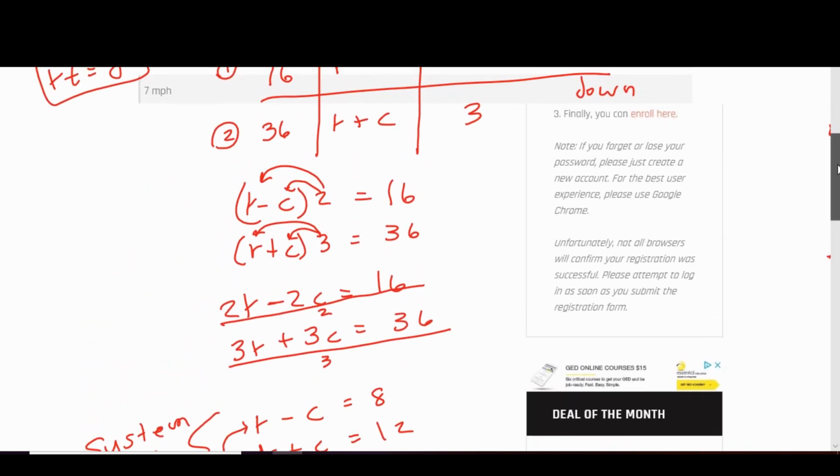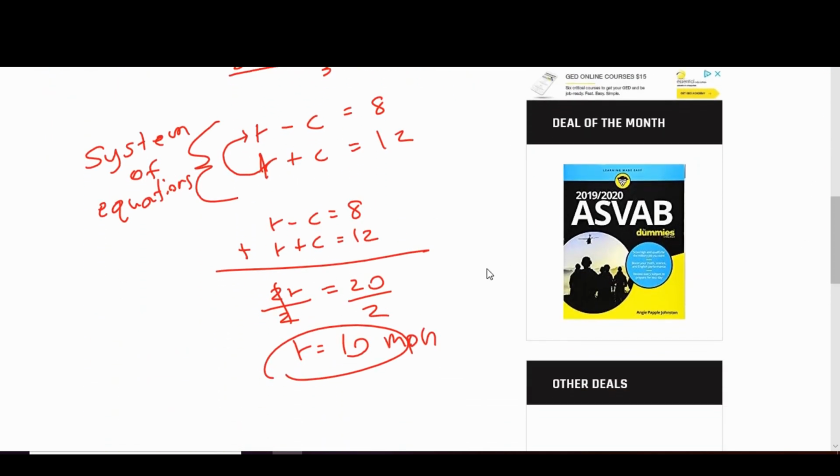But let's see if this makes sense logically. If it's traveling 10 miles per hour in still water, we can find out the speed of the current by plugging that in here. Again, R minus C equals 8. Let's do it in the second one. Let's go ahead and plug this in right there.